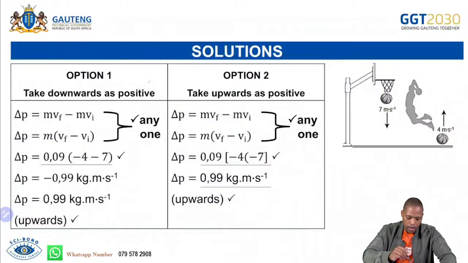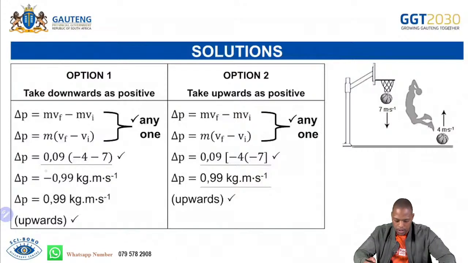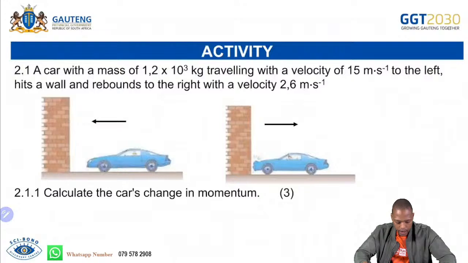You should then ultimately get your answer as a negative, right? But the change in momentum is still upwards, because you said downwards is positive. Then upward is negative to you, according to what you've chosen. If you've done it like myself, you should find your answer simply as 0.99, which is also upwards.